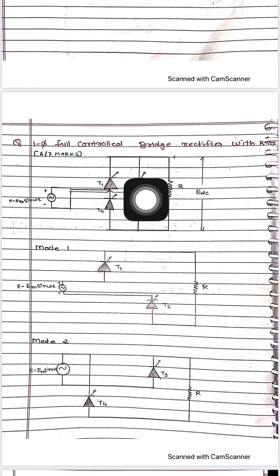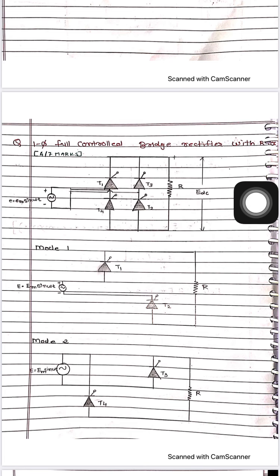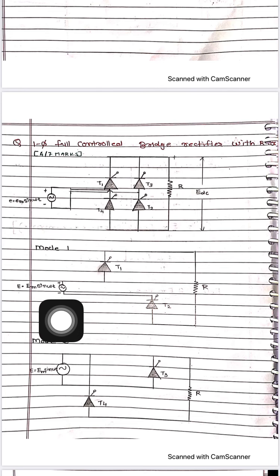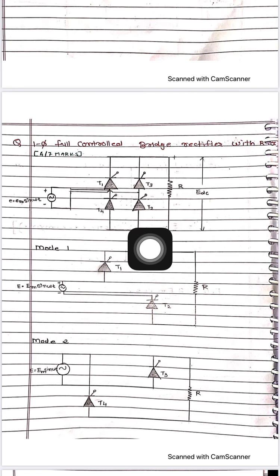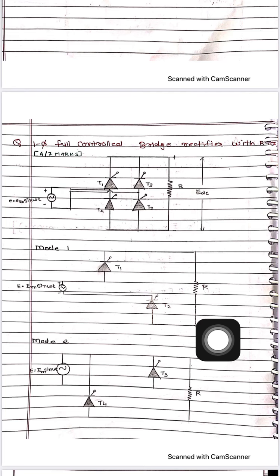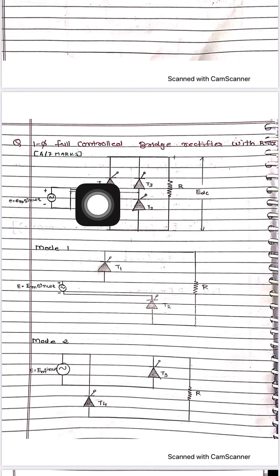In mode 1, two cross thyristors conduct simultaneously. See the direction of current over here: on the positive supply cycle T1 conducts through the load, and T2 conducts on the negative side. So we can say the cross switches are turned on in mode 1.